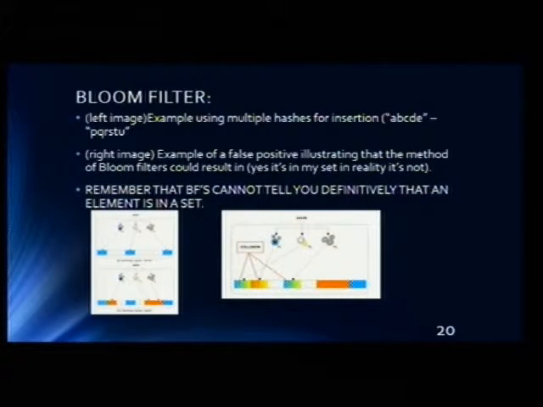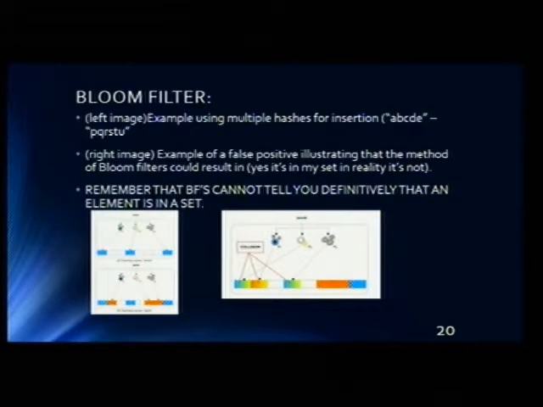These two images, a little small, are just showing the way that a Bloom filter hash is inserted. On the slide on the left, you can see that it basically takes a string, does 3 hashes, and puts the resulting bit in an array.